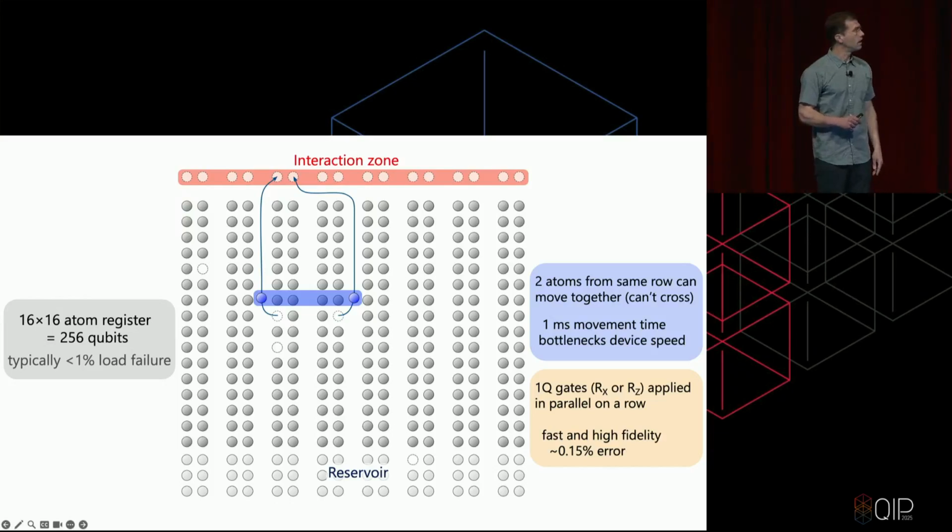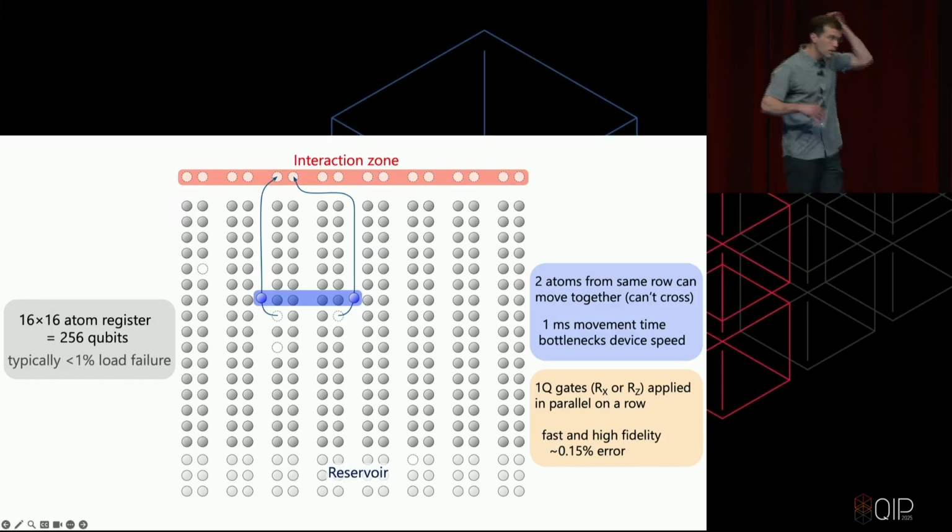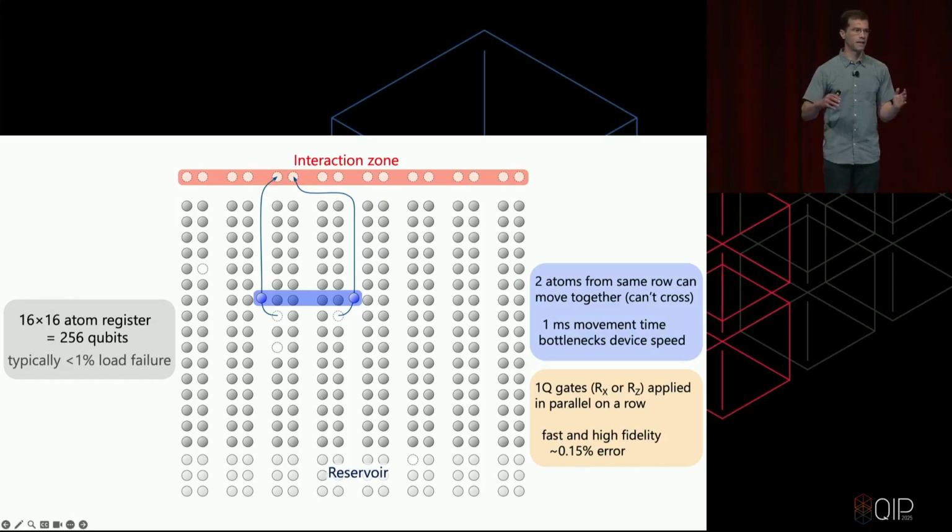Actually, you can move more than 2 qubits. You can move up to 8 qubits at a time, but then you have more constraints. In all of our experiments, we're only using 2 qubits moving at a time. The time it takes to move is about 1 millisecond.